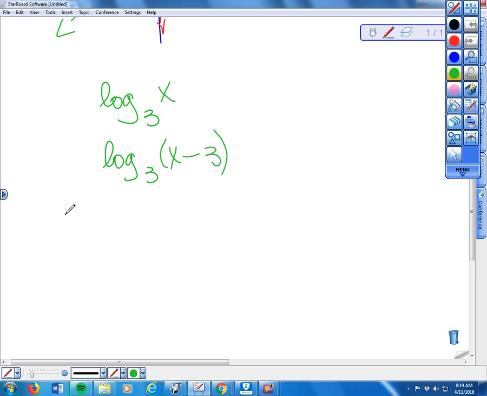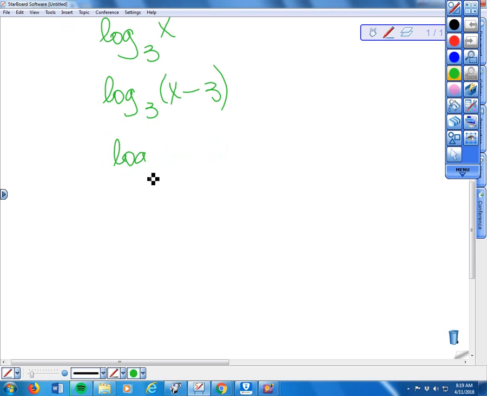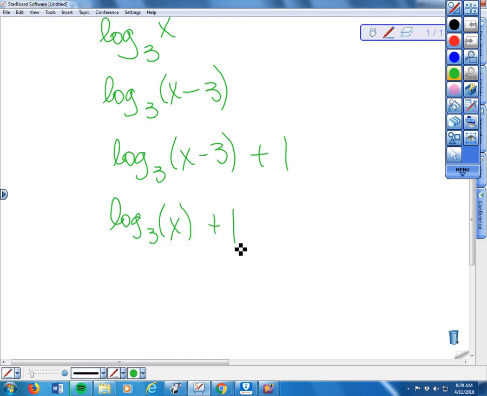If I want to shift this function to the right 3 units and up 1, it would look like that. Okay? Don't be confused if you see log base 3 of x plus 1. If the 1 is not inside the parenthesis, that 1 is the up and down shift, not the left and right shift. This means the number in parentheses is 0, x plus or minus 0, right?